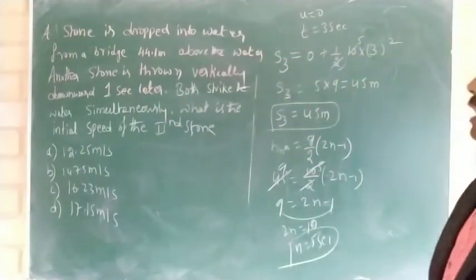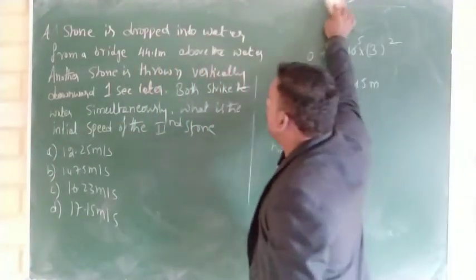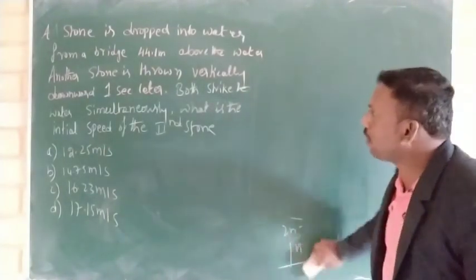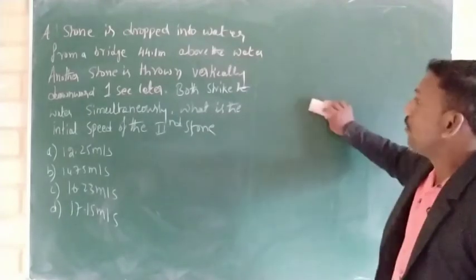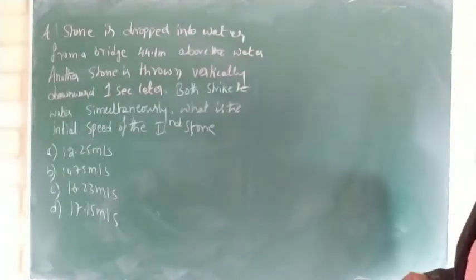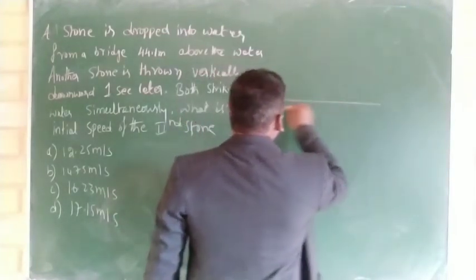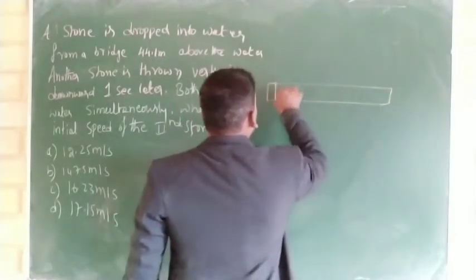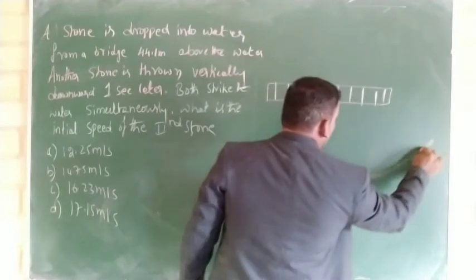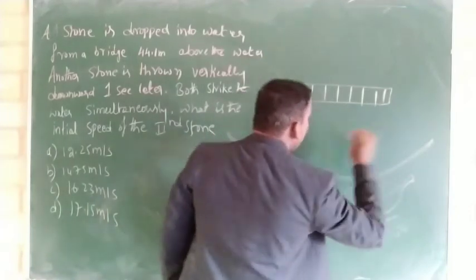See the question. A stone is dropped into water from a bridge of height 44.1 meter above the water level. Another stone is thrown vertically downwards 1 second later. Imagine this is a bridge and this one is a lake, where water is there.